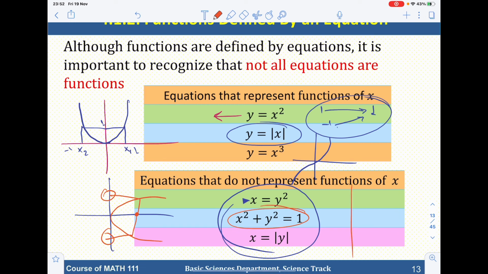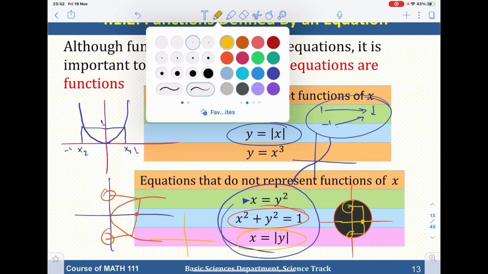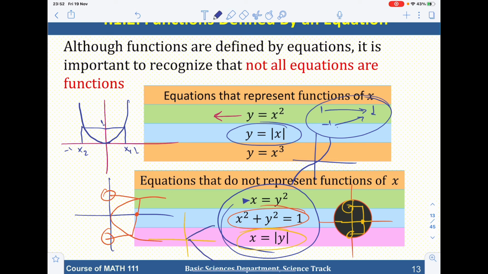Also for this one, this is a circle, and for the circle we have one value of x that corresponds to two values of y. For x equals the absolute value of y, it is something like this, and we can see one value of x corresponds to two values of y, and this is also not accepted in a function.